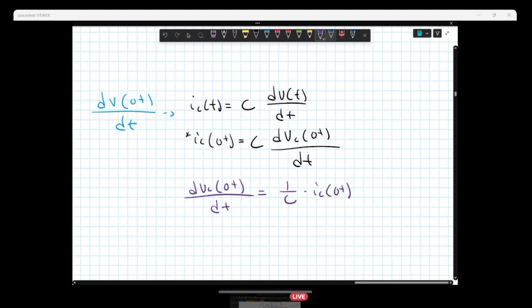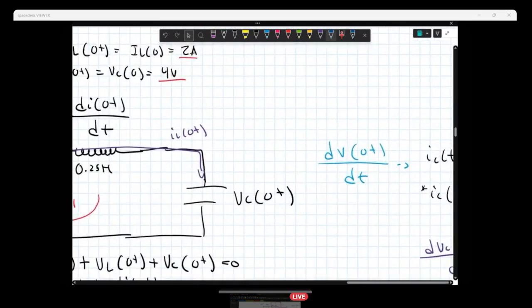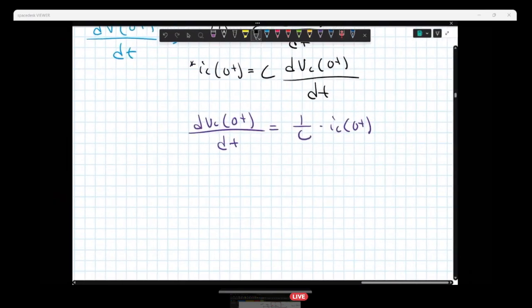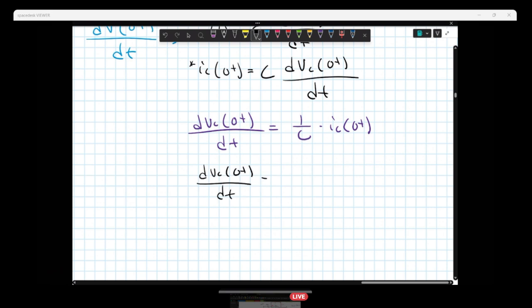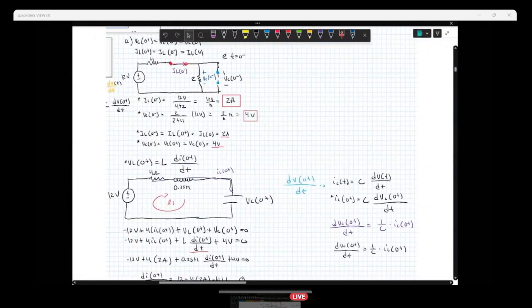Okay, so now we have to see if we know the current through the capacitor, which we do. It's the same as IL. See? This current is the same as IL. So we do know it, and we can use the equation immediately. dVc of 0 plus over dt is going to equal 1 over C times IL of 0 plus. IL of 0 plus was just 2.